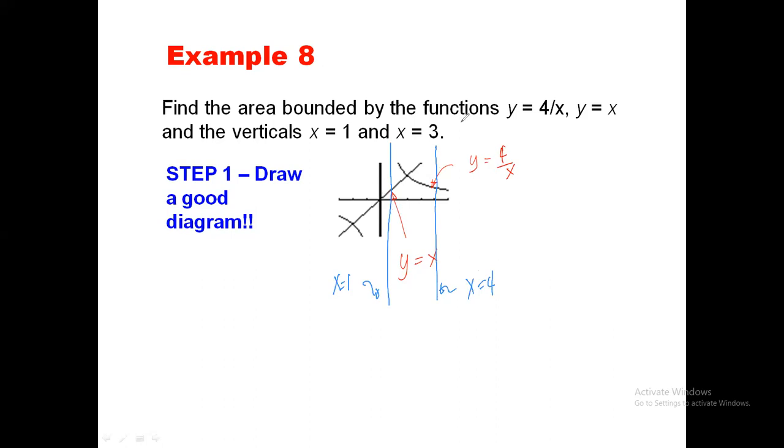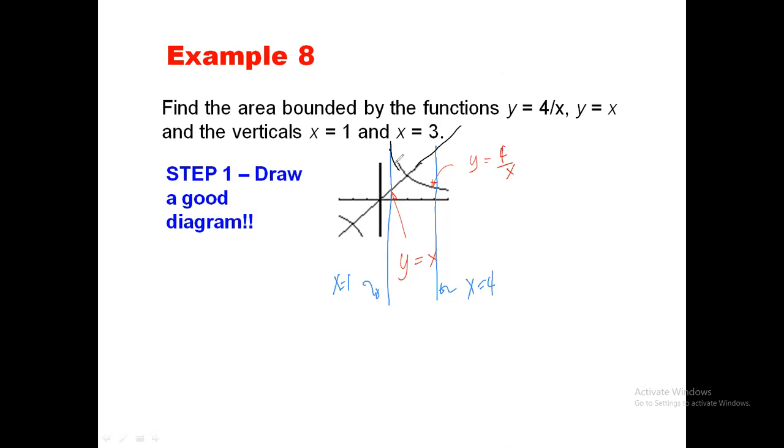So what is the area bounded by x equal to 1? I'll just extend the curve and extend this line. So what's the area bounded by the line y equal to x, the two vertical lines x equal to 1 and x equal to 4, and the curve? I'm going to shade it.